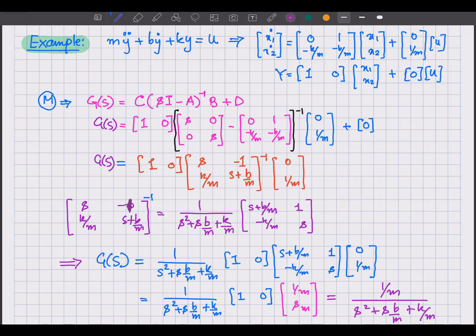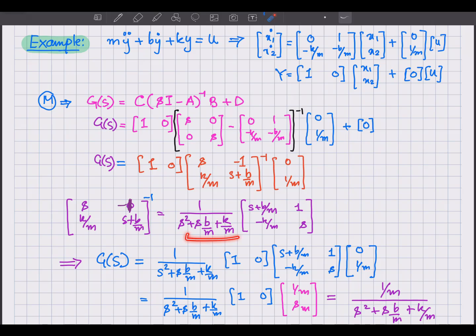Now to take the determinant, s into (s plus b by m), so this will become s squared plus s b by m, and then minus the product of these, so minus minus plus, this will become k by m. So this is the determinant of this matrix, and then the adjoint is obtained by changing the position of these two and then changing the sign of these two terms. So this is the adjoint of that one. So this is the inverse of this matrix.